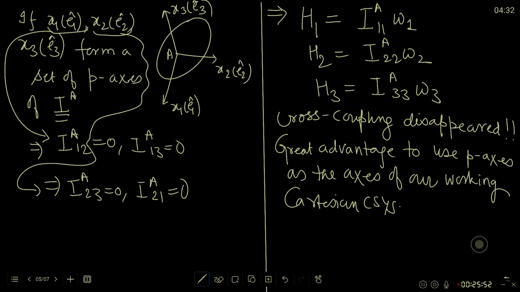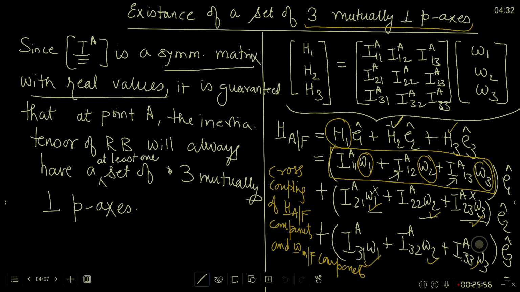Okay. So going back to this existence issue, I am telling you that the inertia matrix always has three mutually perpendicular principal axes hidden at every point.